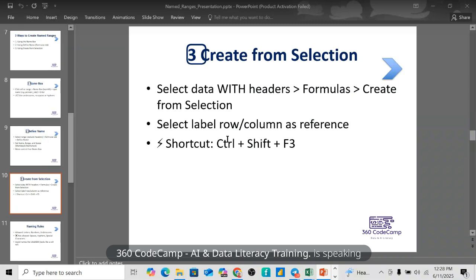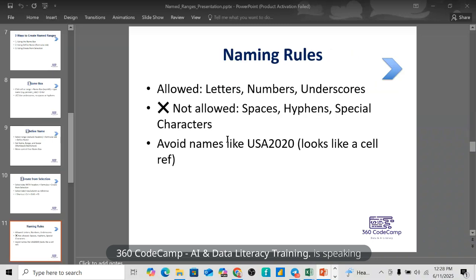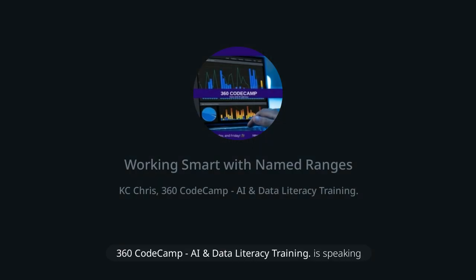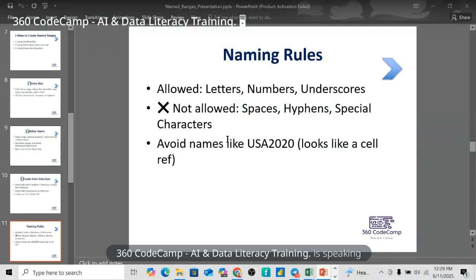Okay. So the naming rules that I spoke about earlier when I started explaining the first way to assign a name to a range: you can use letters, numbers, and underscores. But what is not allowed is spaces between letters, hyphens, or special characters.